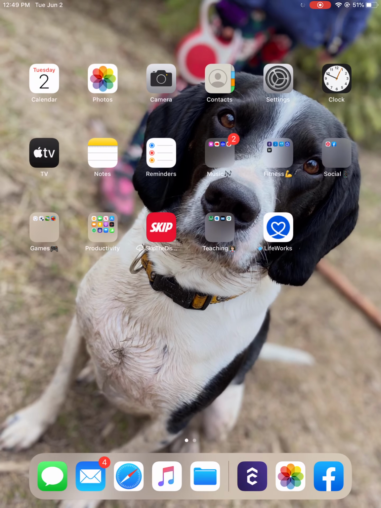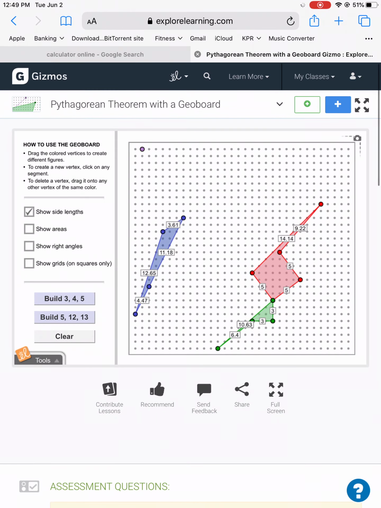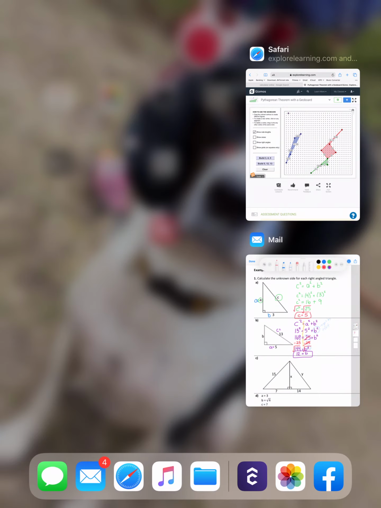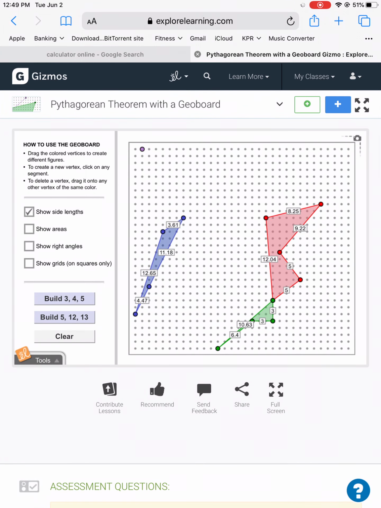Okay, so we have 5 at the bottom, so I'm going to make my green 5. There. Okay, so that's 5.